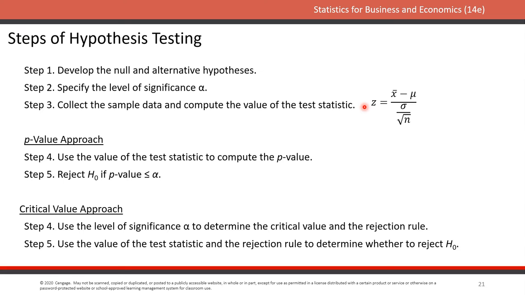Now, this is the test statistic just for this particular case. So if I was doing a case where the standard deviation was not known, then this test statistic notation z would actually be changed to a t, because when I use s instead of sigma, the sample standard deviation instead of the population standard deviation, excuse me, then that takes me to a t distribution.